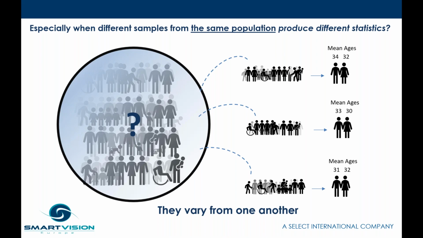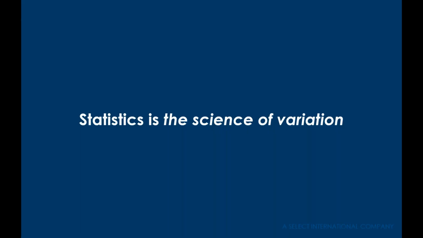Similarly, if we took a sample of 100 or 200 cases from a population and asked what the mean age of men and women is, we might find that as we repeat the sample, we get slightly different mean ages. You could even get an average age where women are slightly older than men. So they vary from one another. This is a critical concept, the idea of variation, because something that really isn't taught to us at university is a very important truth about statistics: statistics is the science of variation.